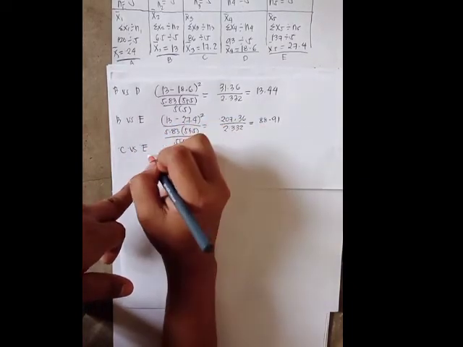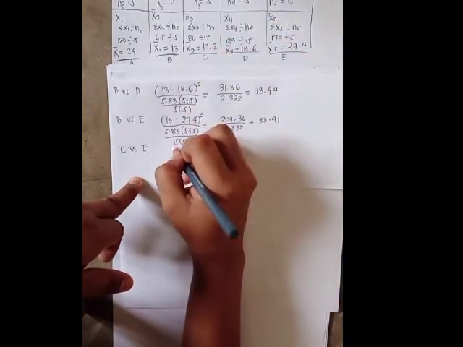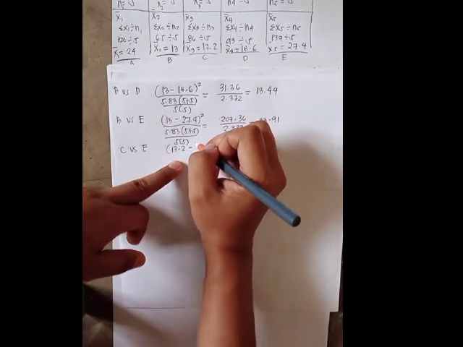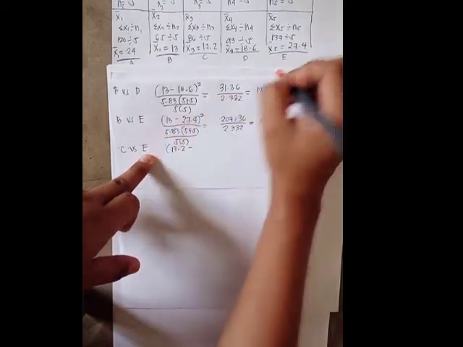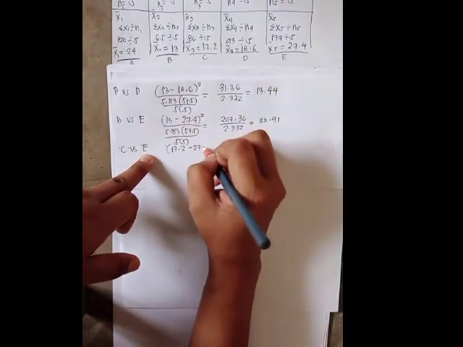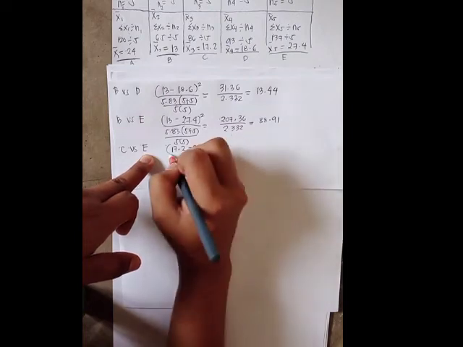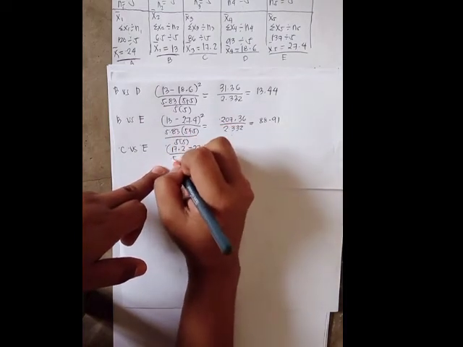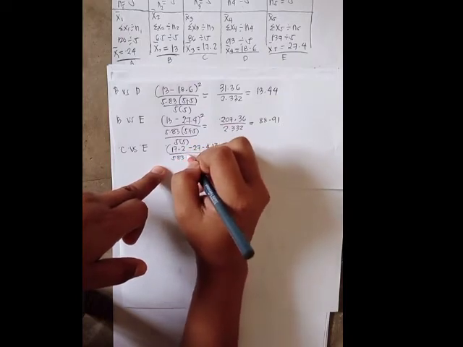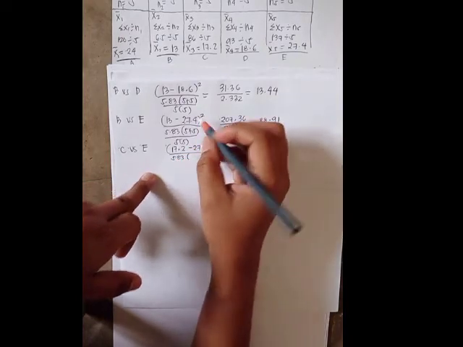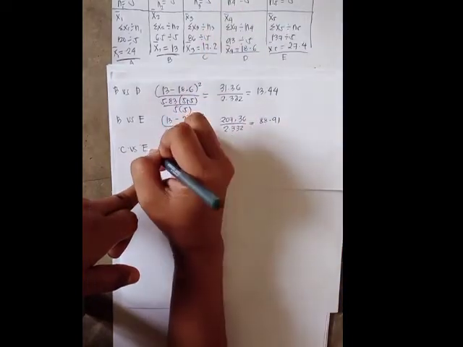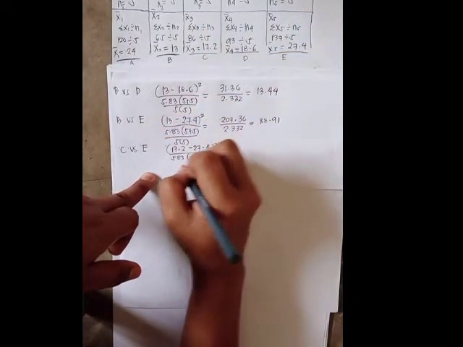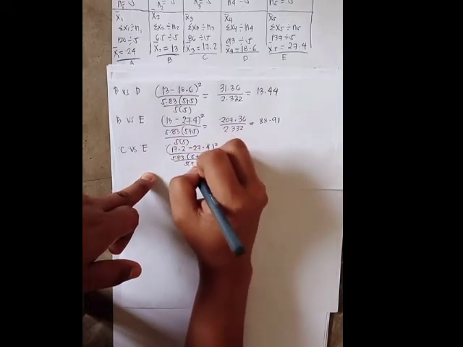So next is our C versus E. What is our CX? 17.2. Subtract it with our EX, that is 27.4, squared. Divide it with our SW squared, which is 5.83. And we need our CN, 5, EN, which is 5. So let's add it and divide it with our NN, which is 5 times 5.